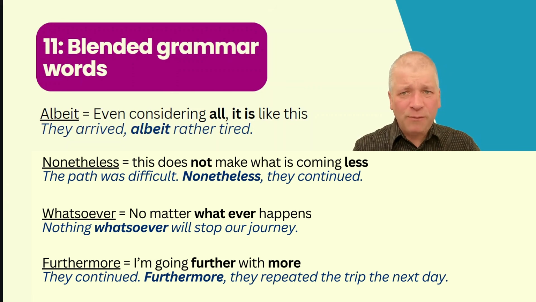The path was difficult, nonetheless, they continued. Whatsoever. No matter whatever happens, nothing whatsoever will stop our journey. Furthermore. This really means I'm going further with more. They continued. Furthermore, they repeated the trip the next day.